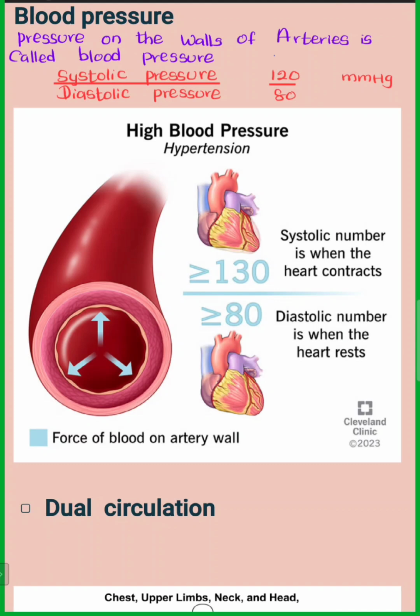When the heart contracts, the pressure exerted on the arteries is approximately 120 millimeters of mercury. When relaxed, the pressure exerted on the arteries is approximately 80 millimeters of mercury. Blood pressure is represented as systolic pressure divided by diastolic pressure. If this pressure gets higher, you will suffer from high blood pressure.